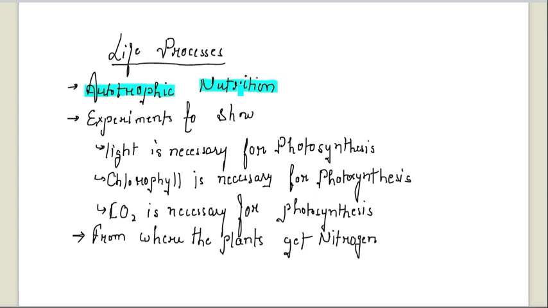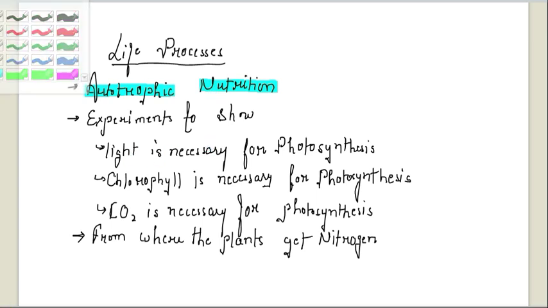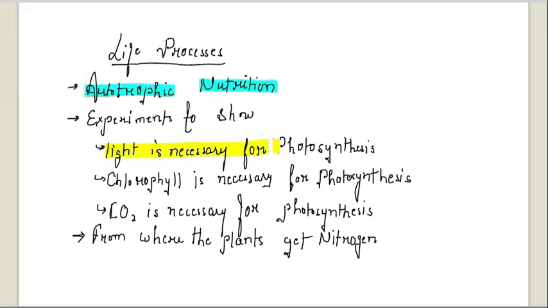Now let's come to the experiments which prove that light is necessary for photosynthesis, that chlorophyll is necessary for photosynthesis, and that CO2 is necessary for photosynthesis.